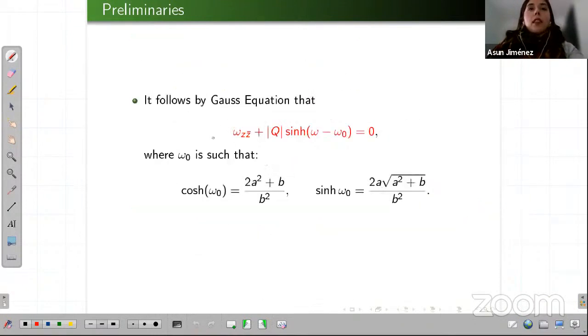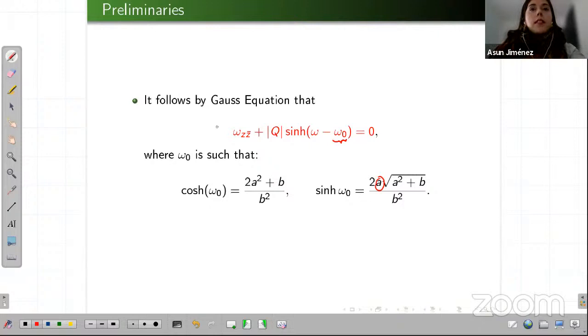Okay, another important fact is that the Gauss equation with respect to these conformal coordinates is written in this way, Laplacian of this angle function. This is a sine-Gordon type equation. And this constant, omega 0, that appears here has the sign of A. Okay, so it's positive if A is positive and conversely.